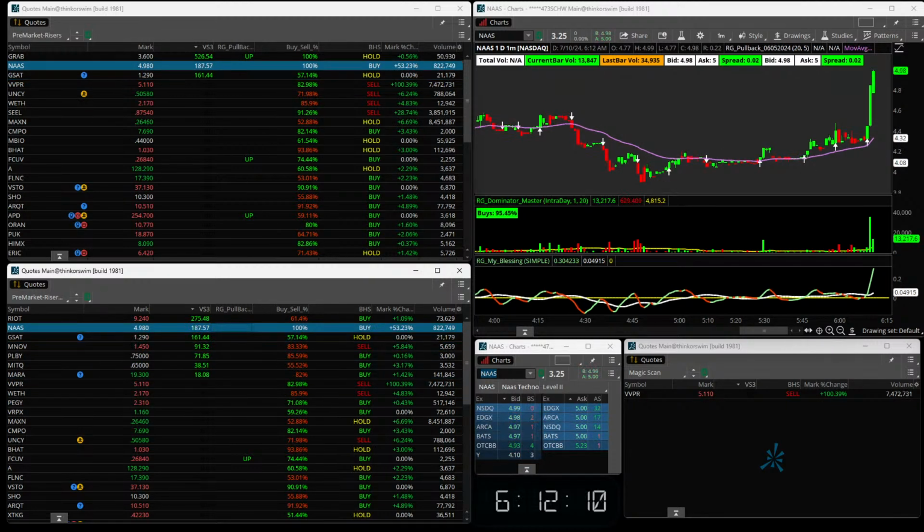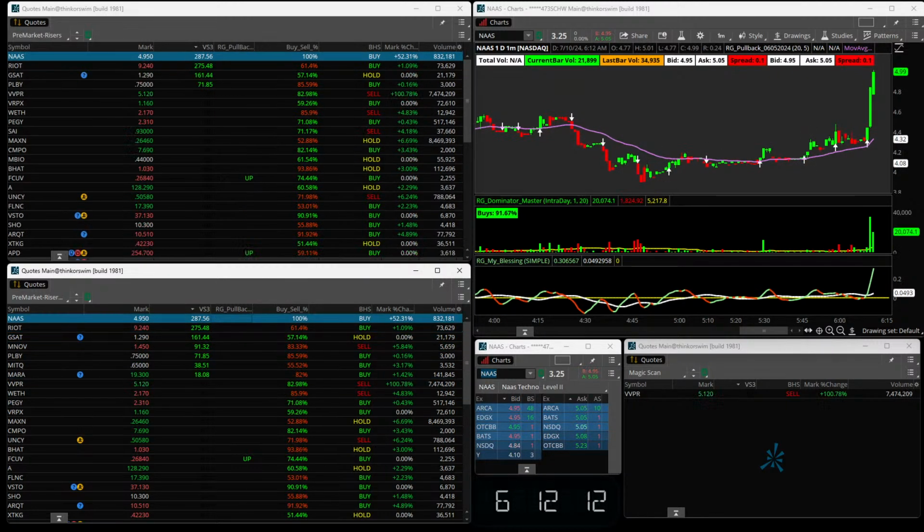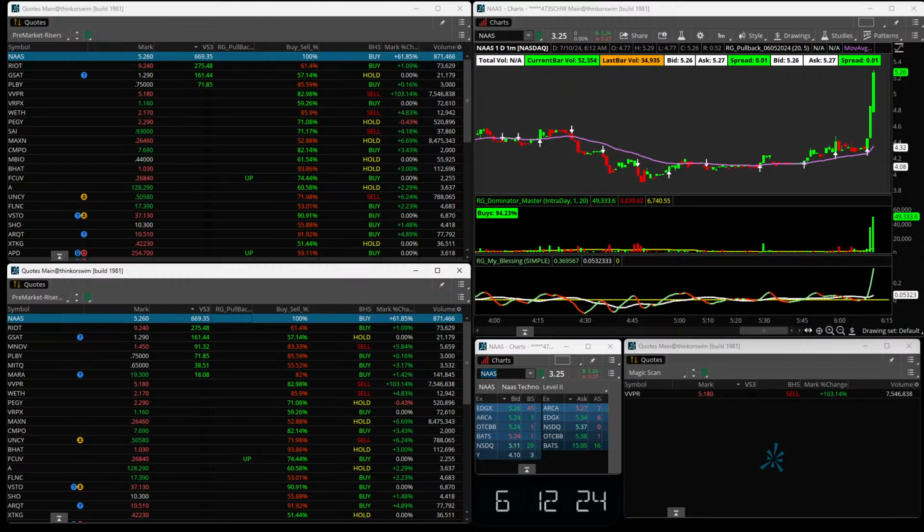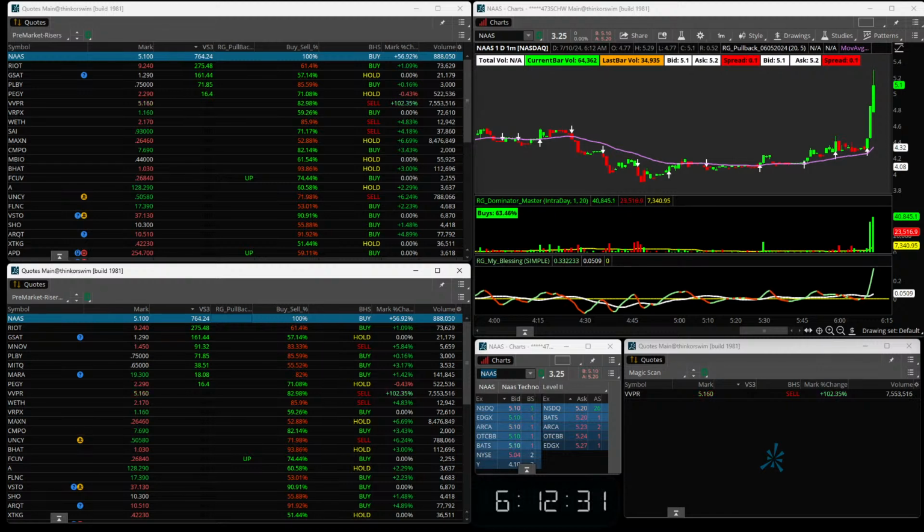Strongly advise new investors not to chase these green candles. Wait on the pullbacks. But if you're good at it, the risk is on you. Continuing to fly, $5, $5.27, $5.26. Looking beautiful here. Nice looking bottle rocket.